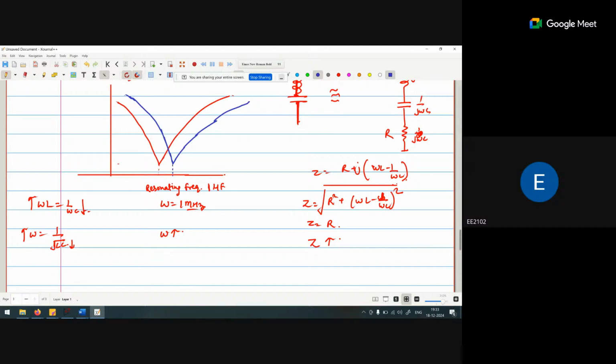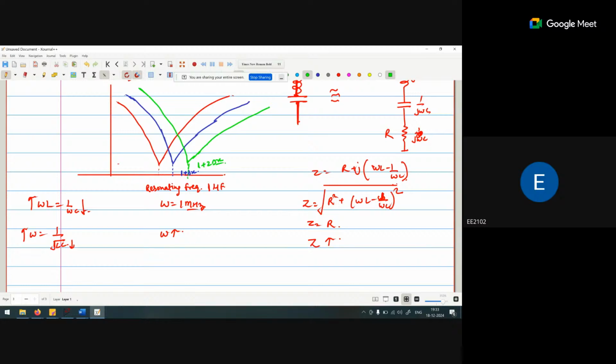So maybe this is more than 1, so 1 plus del x. And in the third case, when I increase the capacitor once more, the resonating frequency will change, so it becomes 1 plus 2 del x. I am taking it simply; the value can be anything.